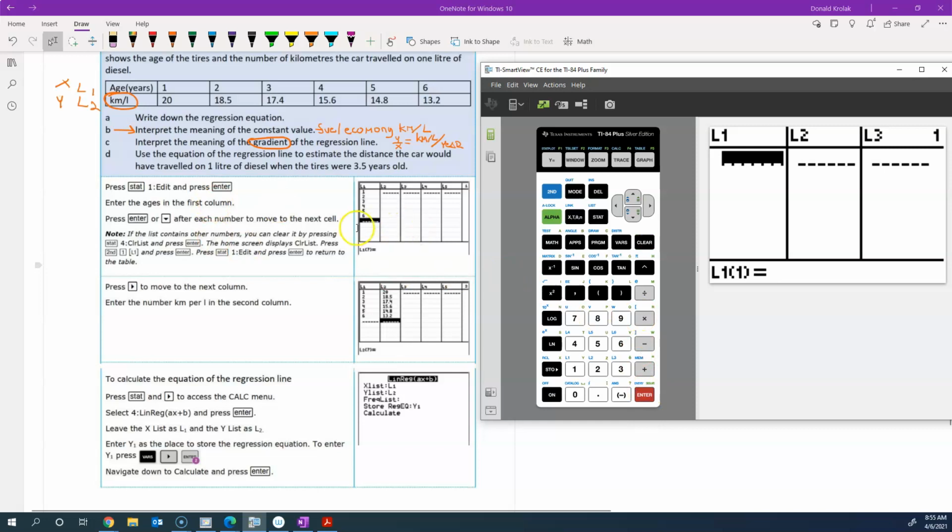And then type in your X's and your Y's. So age, these are how old your tires are. And then how many kilometers per liter you're getting.